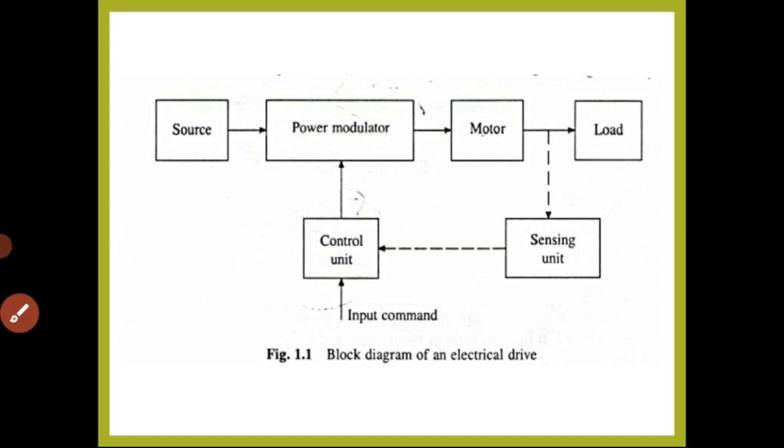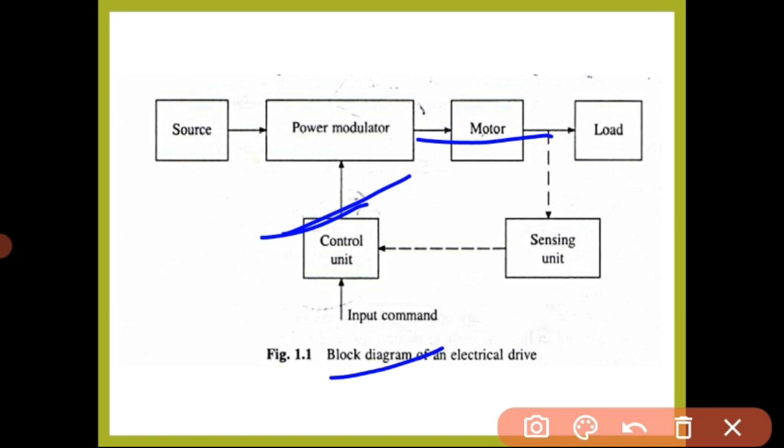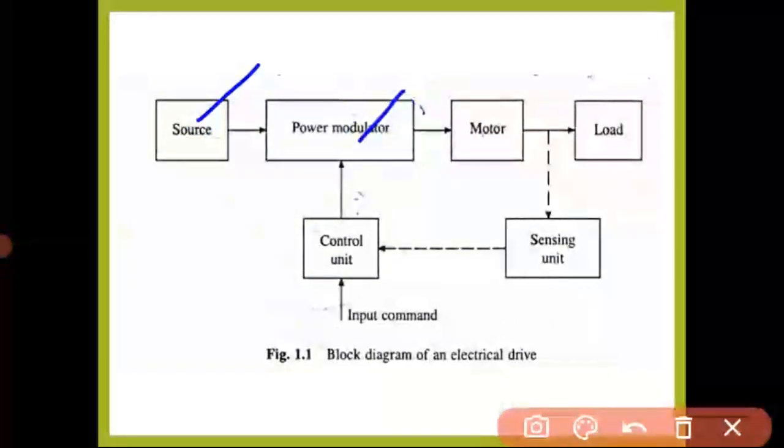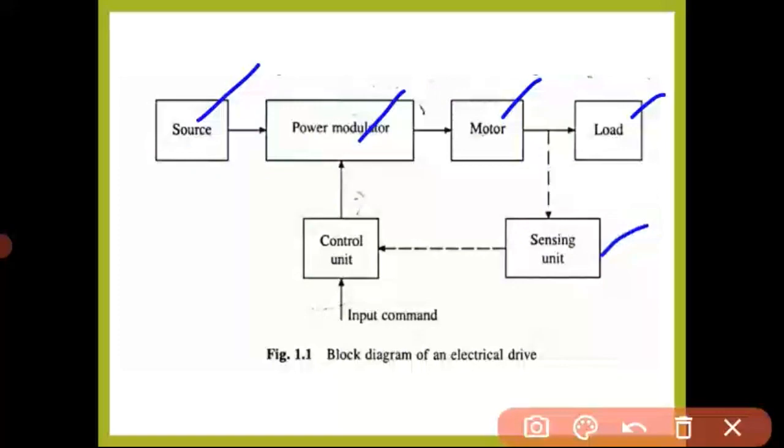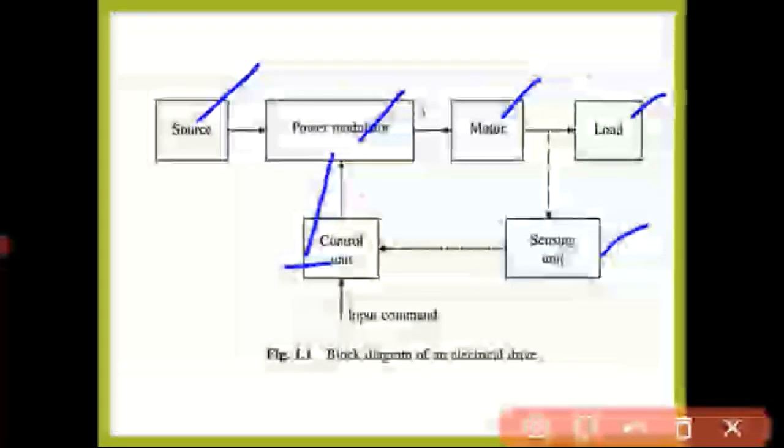So let us have one discussion about the electric drive with the block diagram. The block diagram consists of source, power modulator, motor, load and sensing unit, and the sensing signal is given back to the control unit, and the signal is given to the power modulator.